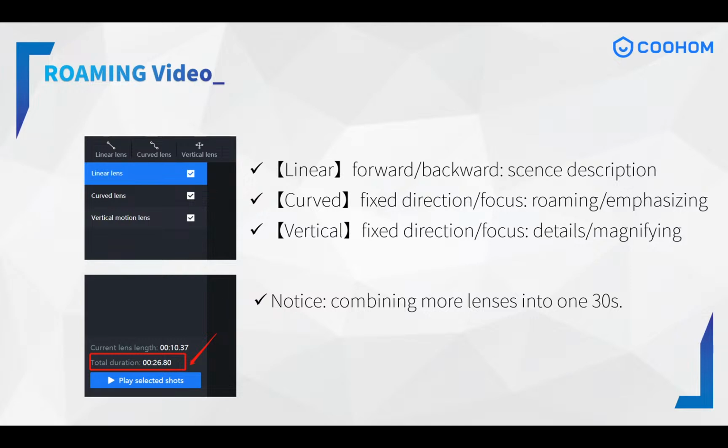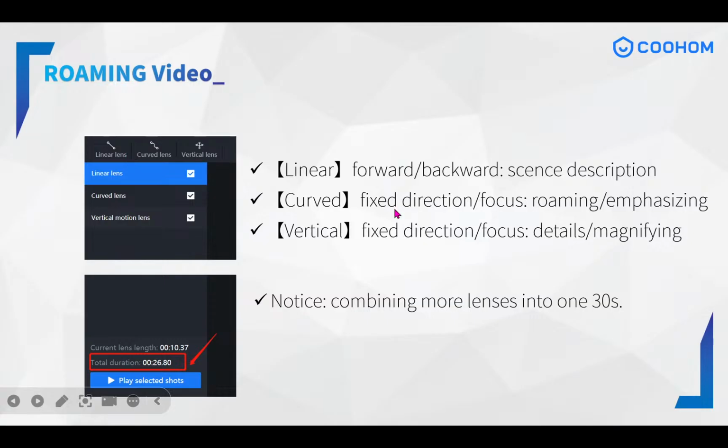Just now you've seen the demo, but this time we will try to analyze which kind of lens moving is selected, and then we can turn to the tool to try. Okay, overall here we got these three selections: linear, curved.